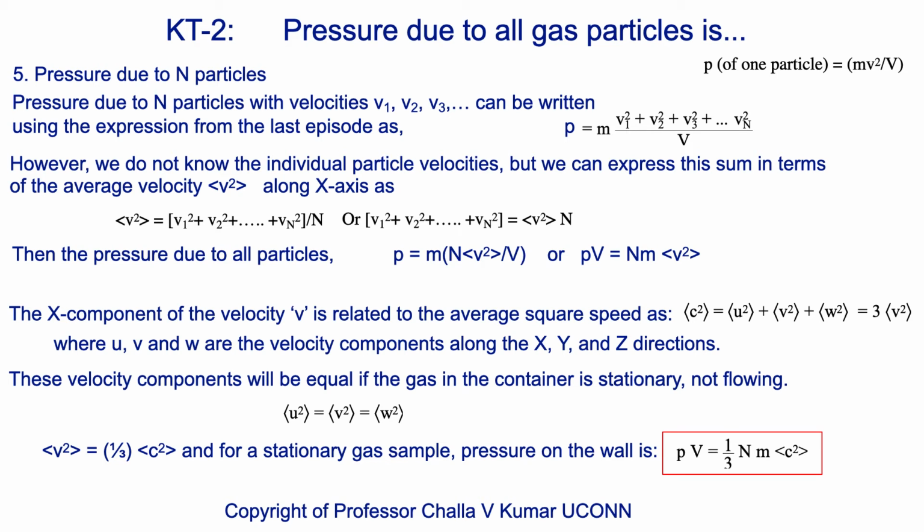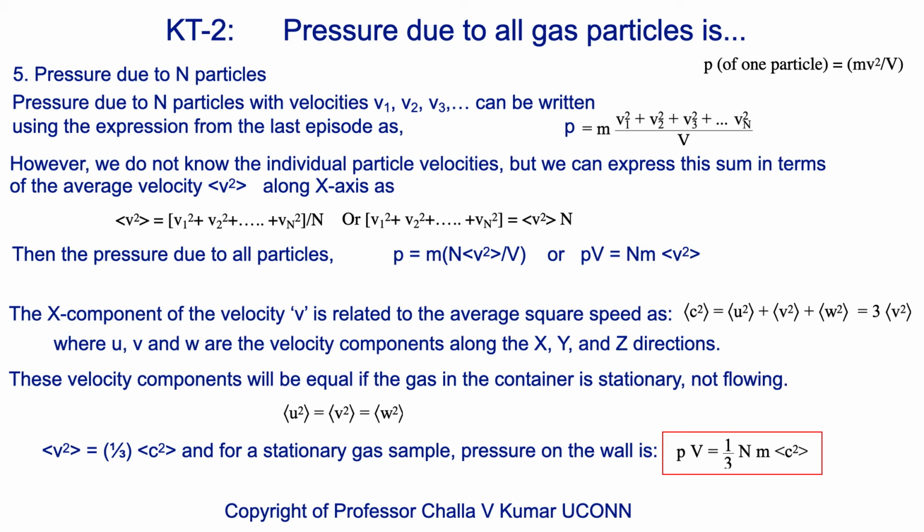If each of these terms is exactly the same as the other term, then the c squared average will be reduced to simply 3 times average v squared, or 3 times average u squared, or 3 times average w squared. It doesn't matter at that point.